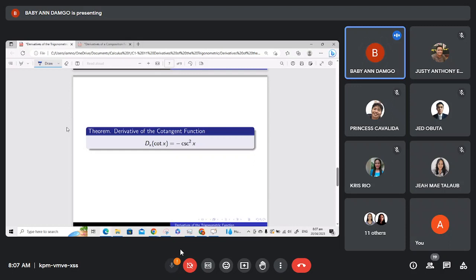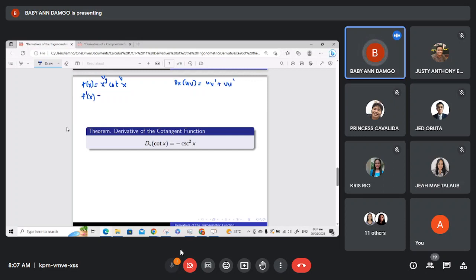Okay. So, for example, if you have f of x equal to x cubed cotangent x, so, ang derivative ana is, pwede ni siya atong himog u, ang x cube, ang cotangent x is v. So, pwede na itong ma-apply ang formula, this is uv prime plus vu prime.